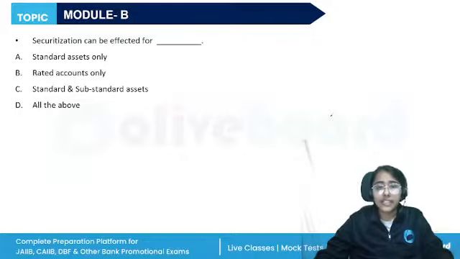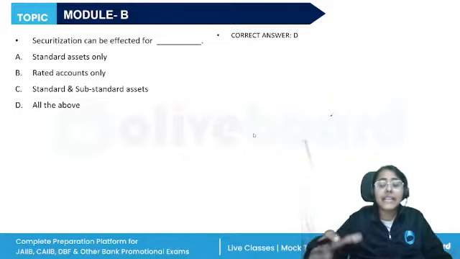So, the securitization can be used for all of the above. All of the above. Being the exception, what is the exception?